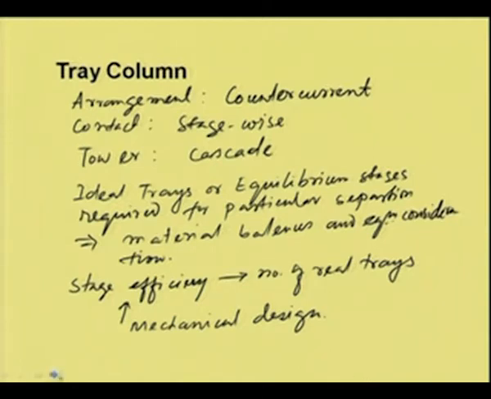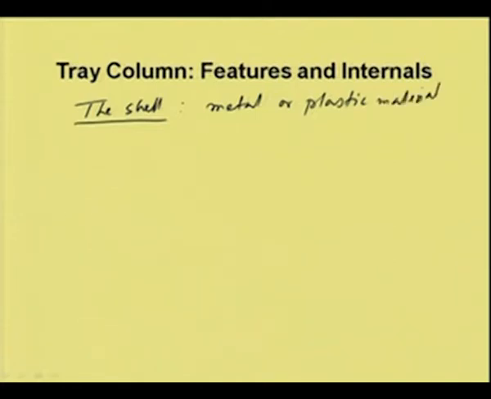So let us see the different parts of the column which we have discussed. What are their features? First thing is the cell. It is generally made of metal or plastic materials.